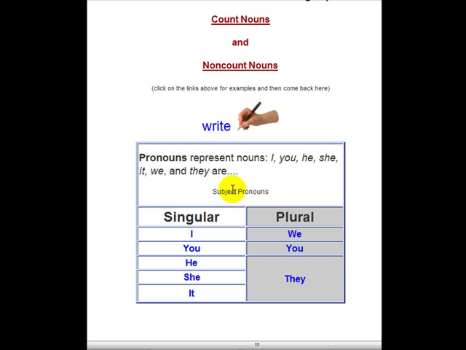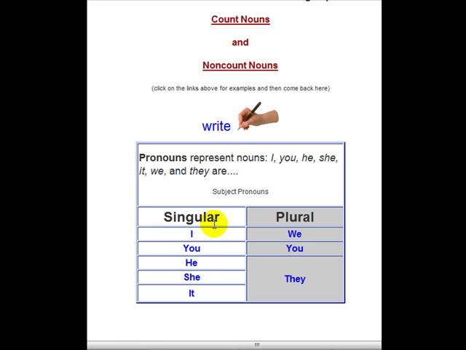Here we have pronouns. Now, a pronoun is a word used in place of a noun. And so we have the pronouns I, you, he, she, it, we, and they.